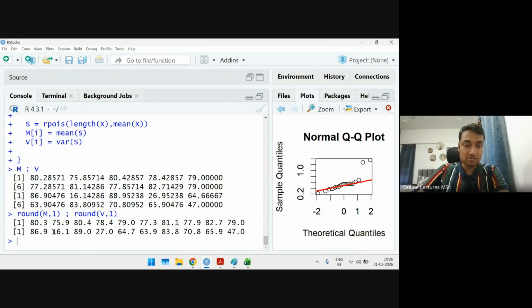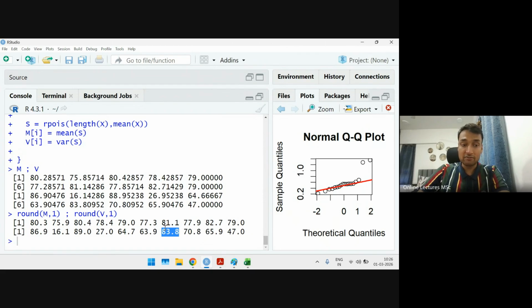75.9 and 16. So my mean is 76 approximately, while my variance is 16. Definitely not in line. Similarly for 80.4 and 89, not in line. For each of the 10 pairs of observations you have calculated, very few times do the observations match. 81 and 83, yes, close enough.